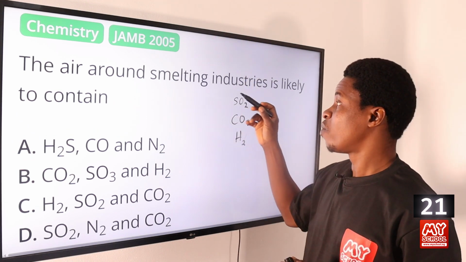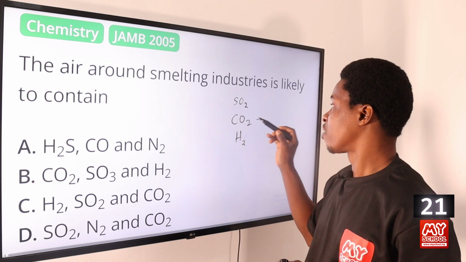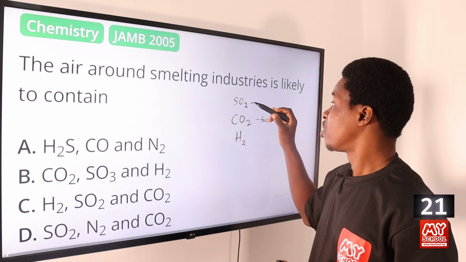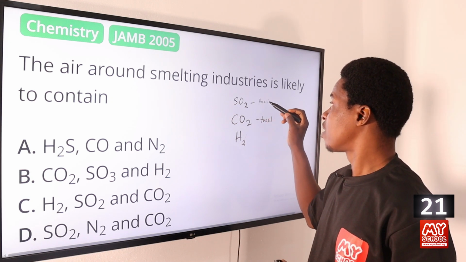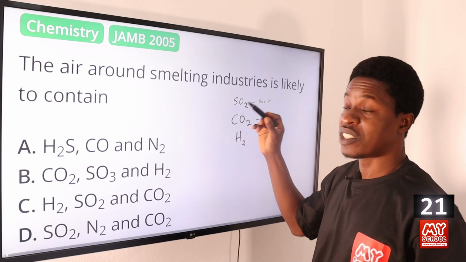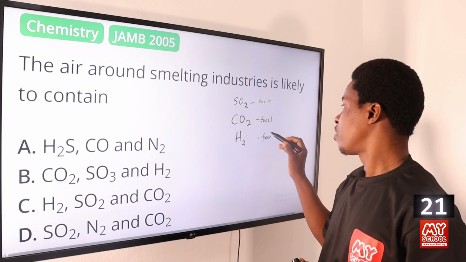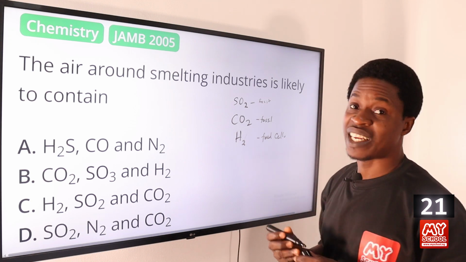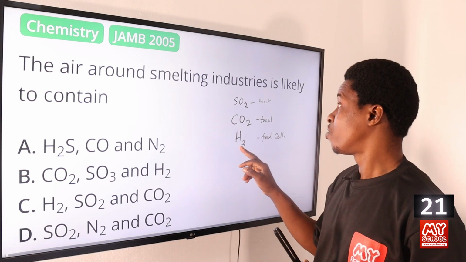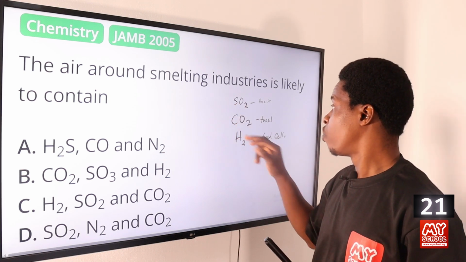Carbon dioxide comes from the fossil fuel as a reducing agent. SO2 comes from roasting the sulfide ores first. And from the fuel cells that generate electricity, we need hydrogen. So we have SO2, CO2, and H2.